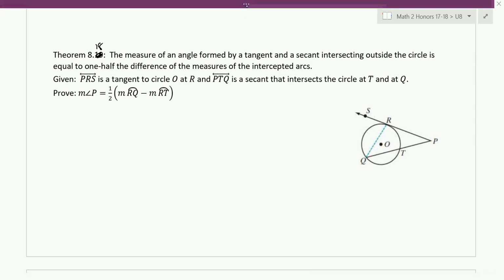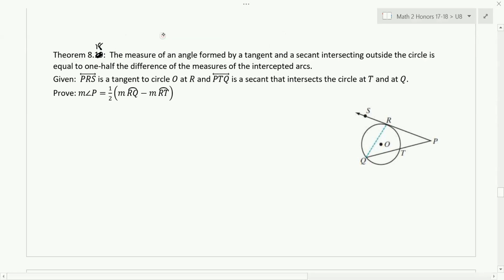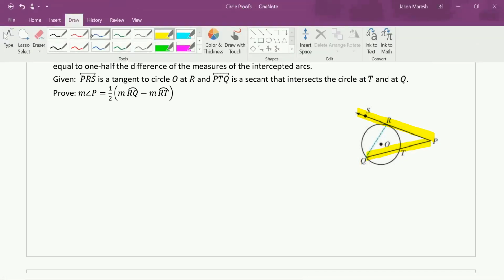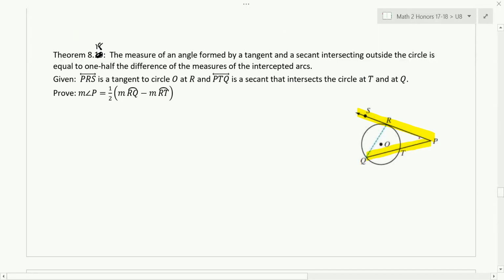So you have a tangent and a secant intersecting in this picture at point P. And we are looking for a relationship between this angle P and the measures of the arcs it intercepts. It intercepts the arc RT here, and it intercepts arc RQ, right?